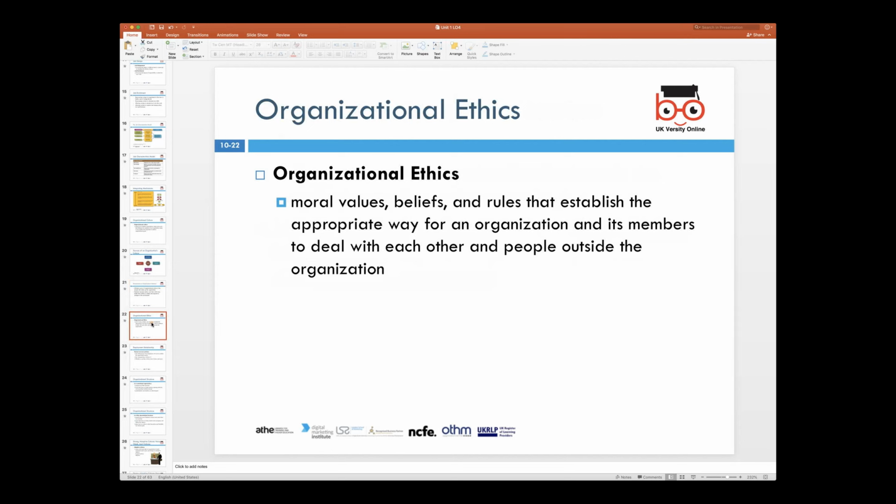Ethics are related to the morals, beliefs and values that the company has. In some cases, you will see the company tagline, the brand line, which relates to this. Just to give you an example, ASDA, which is a Walmart company, says always low prices.